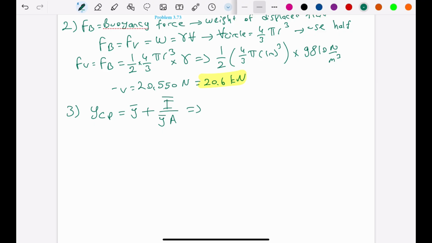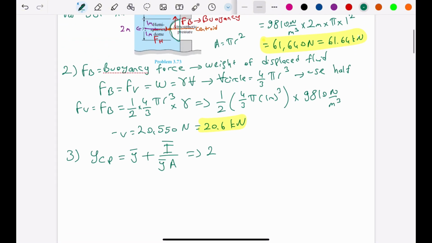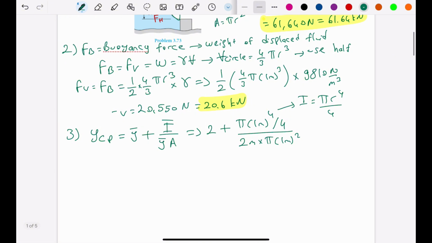So this gives 2 plus I, 1 meter to the 4 over 4, and this is coming from the inertia of a circle, over 2 meters times the area of the circle, pi times 1 meter squared. So from here, we will get 2.125 meters.